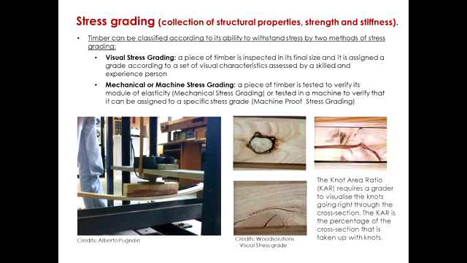So the first thing that I would ask you to do is to look at the three images. Machine stress grading is what you see there on the right. This is a timber board supported at both ends. The distance between the two support points is 1 meter. This is called the 3-point bending test. There is a point load in the middle, and we can measure the force applied.